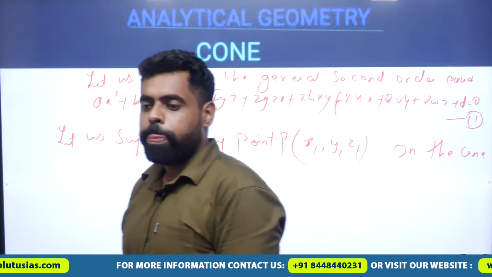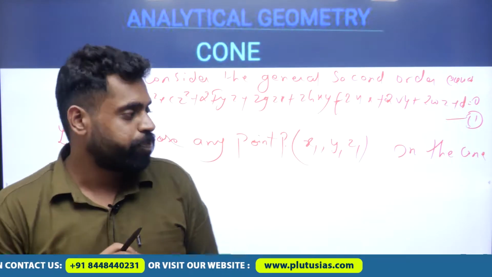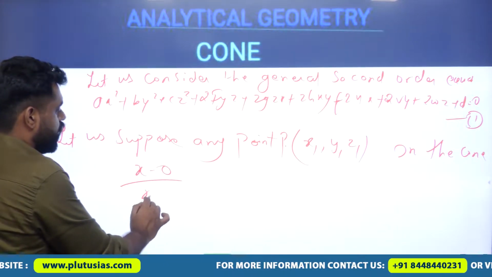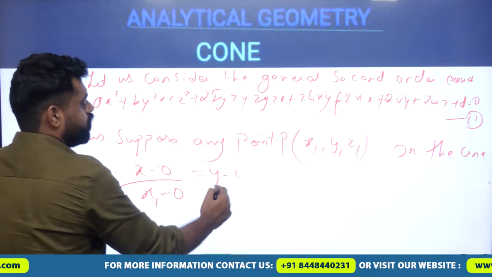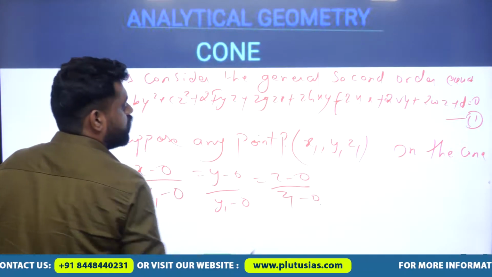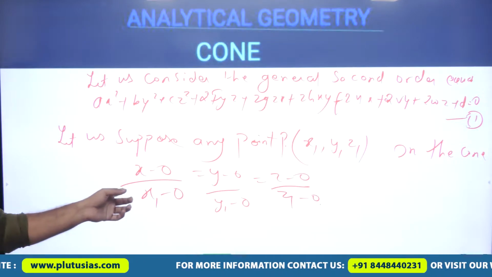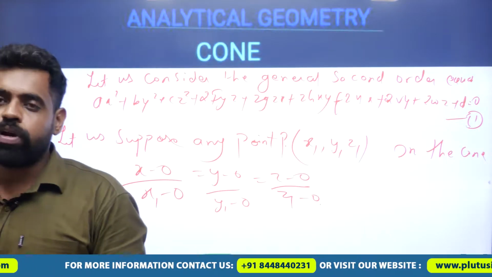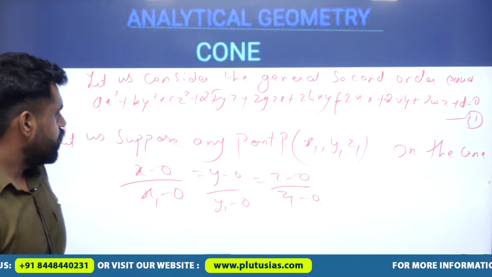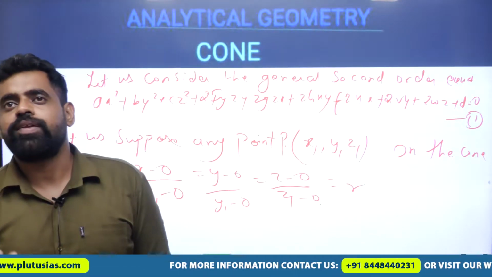We name this point P. If O is the origin, then the equation of the line OP would be x minus 0 upon x1 minus 0 is equal to y minus 0 upon y1 minus 0 is equal to z minus 0 upon z1 minus 0. This is clear from the concept of straight lines which I taught you earlier. You won't understand the cone if you don't understand the concept of straight lines. Now say this is equal to r.